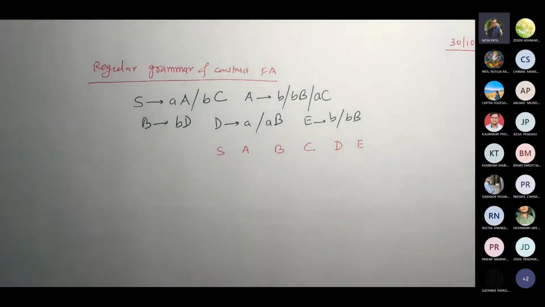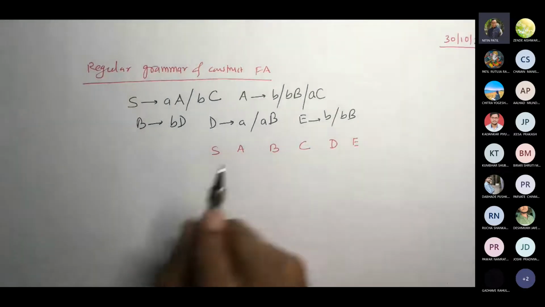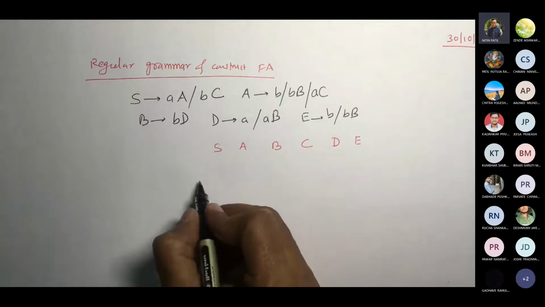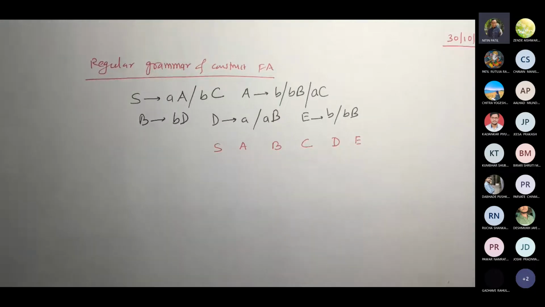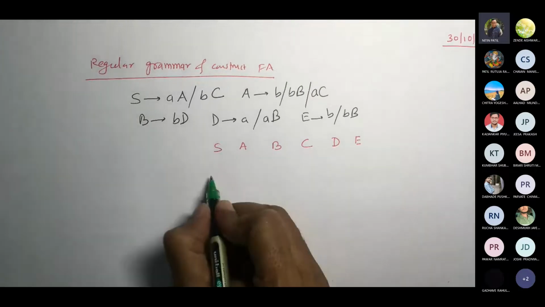Now we have to come up with the notation. So I will not give notations yet. Let me start by representing S by a state. I will start it with Q0.